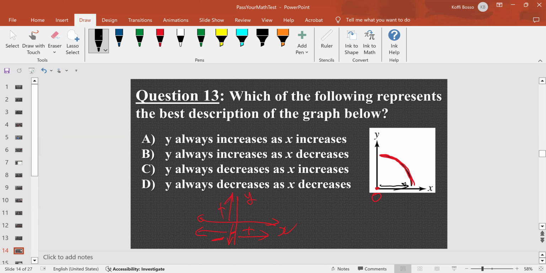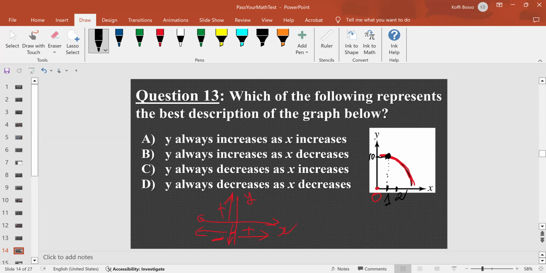That means what? Suppose you are at 1. On the graph, you will have a point where the x value of that point is 1. So what will be the y value? You project to the y line. Suppose let's call this 10. Let's pick another value, suppose here is 2.